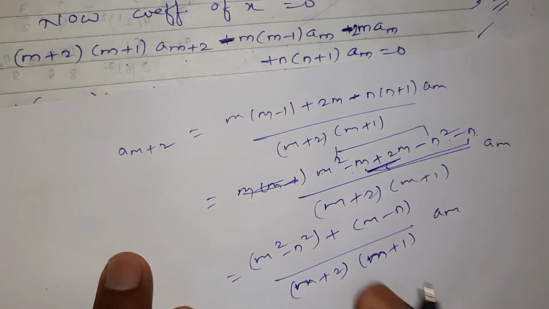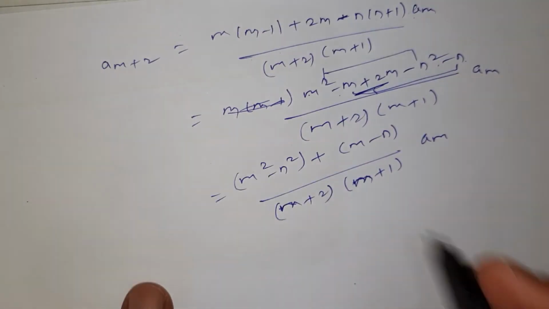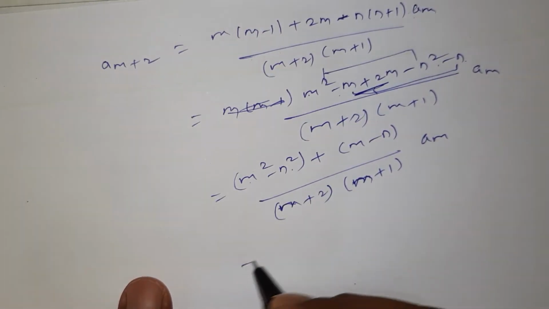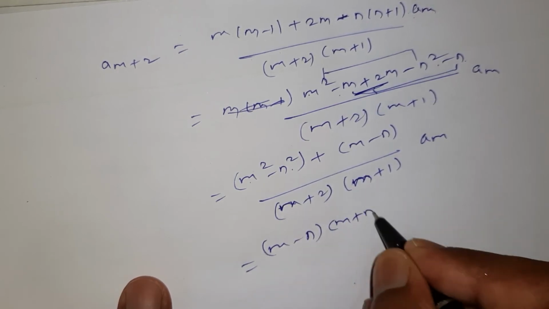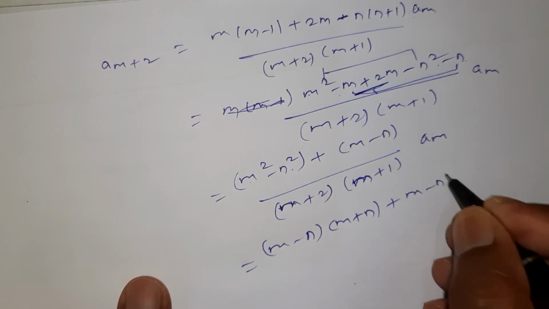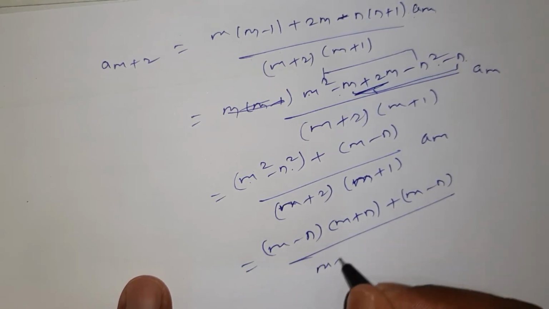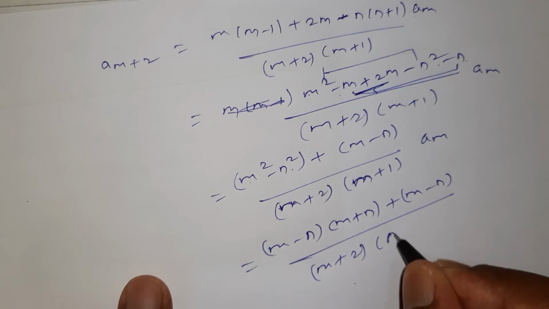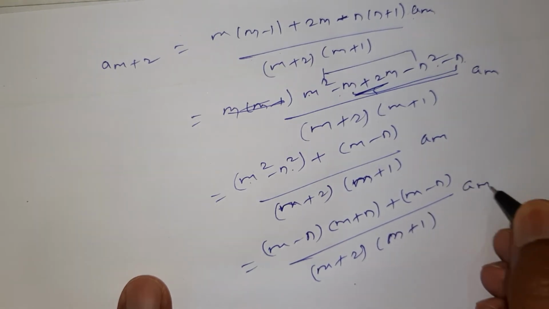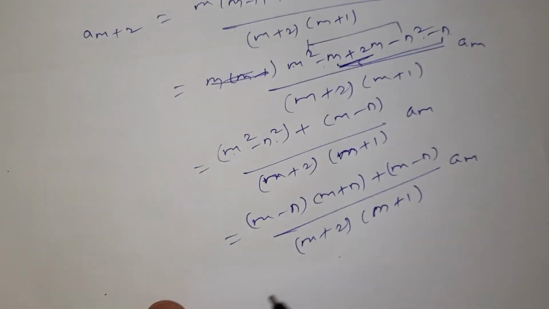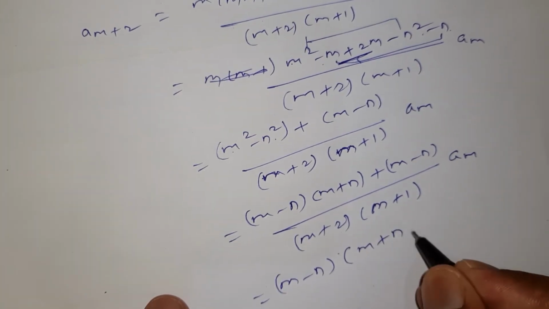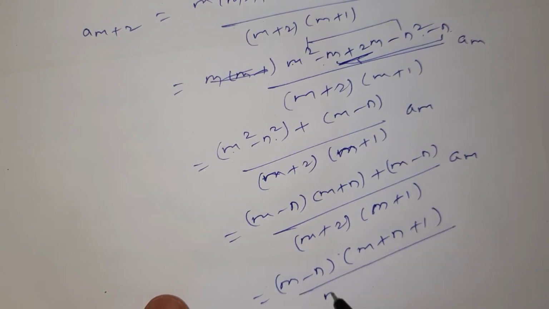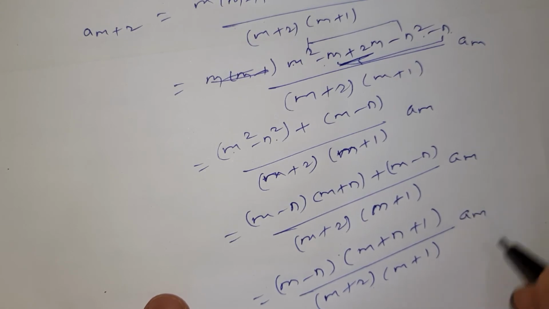am. Understood? Now m square minus n square I can write as m minus n into m plus n, plus m minus n as it is, upon m plus 2 into m plus 1, am. Now you can take m minus n common. What I get: m minus n into m plus n plus 1 upon m plus 2 into m plus 1, am.